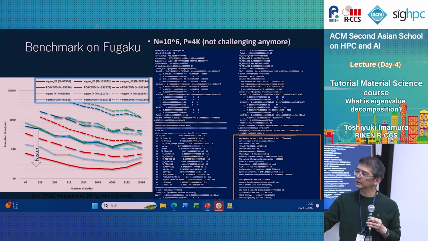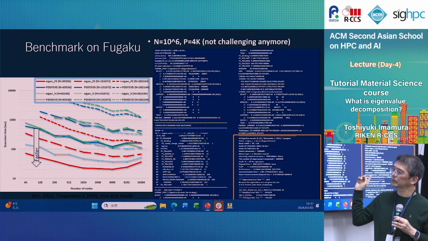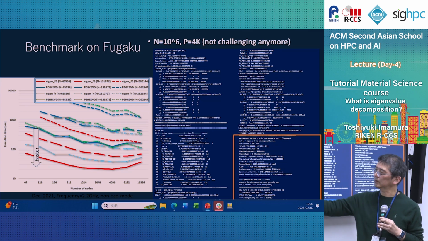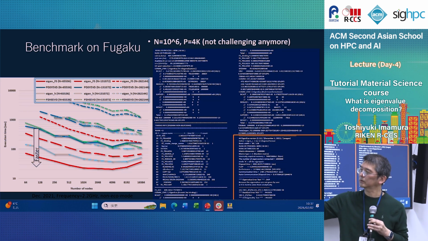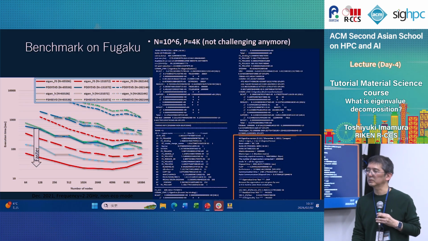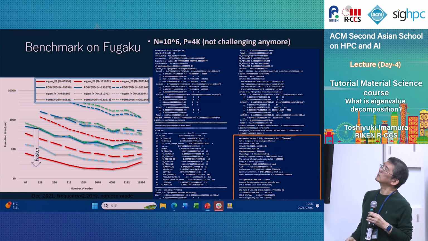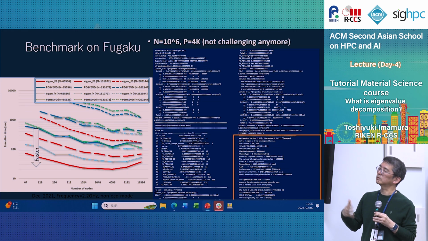So we need to run such a huge, ultra scale benchmark diagonalization with at least 1,000 to 2,000 computational nodes.